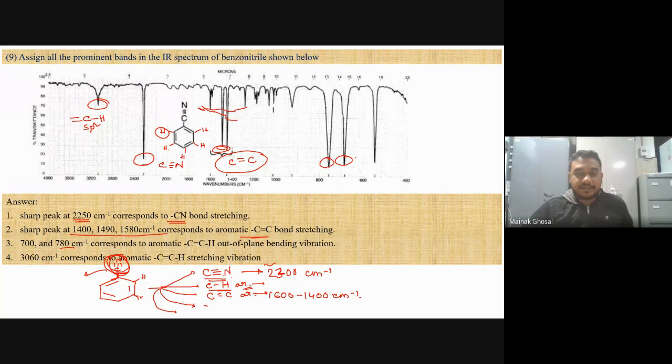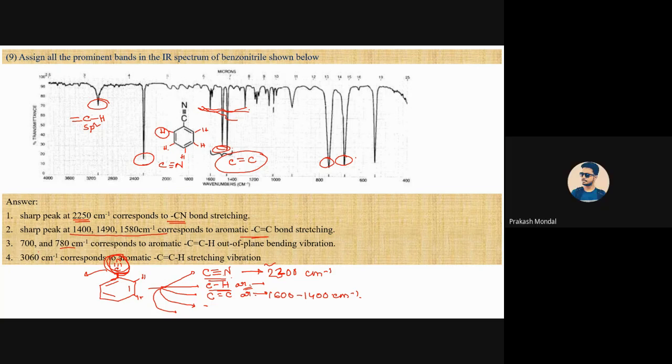You just need to see in this region whether some peaks are there or not. Sometimes different interactions may give different numbers of peaks. Just see in this region whether there is any C=C peak or not.